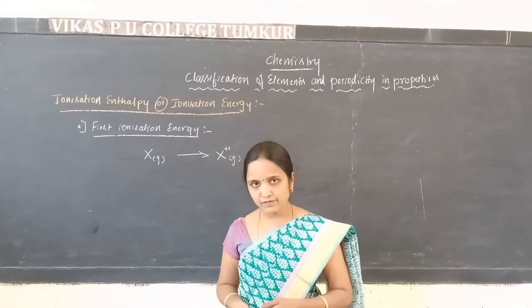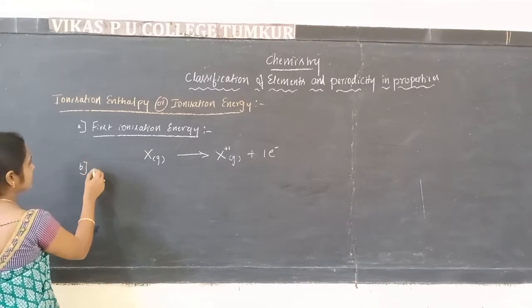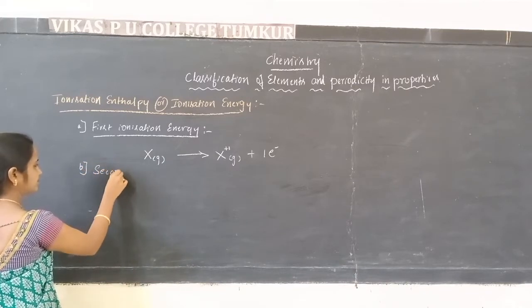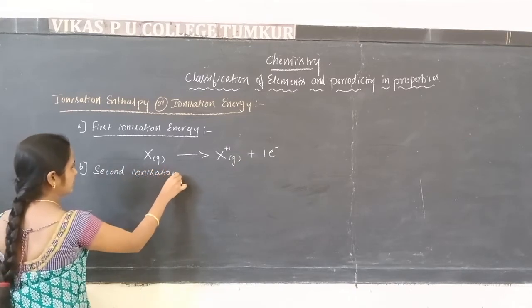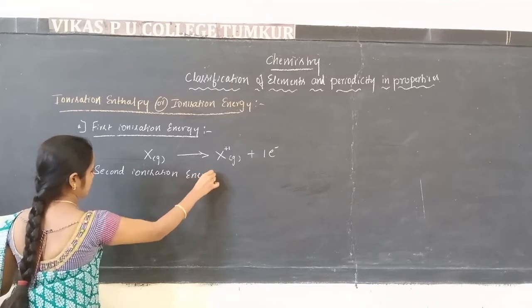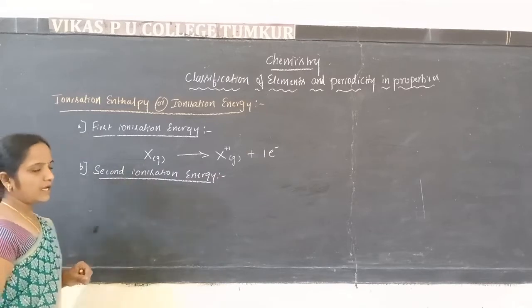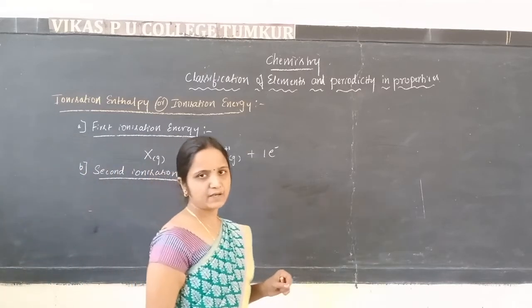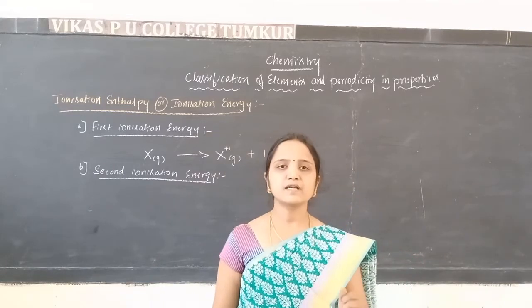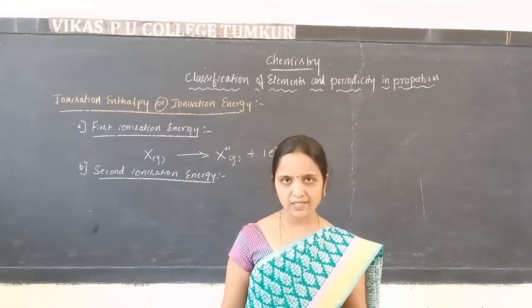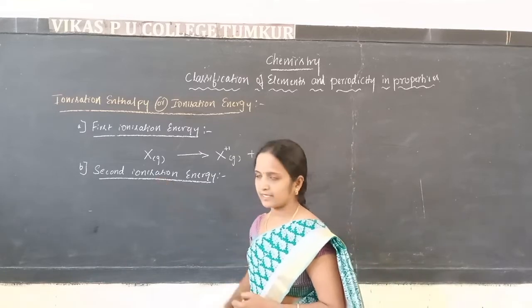Next we go for the second ionization energy. The amount of energy required to remove an electron from the unipositive ion is called the second ionization energy.